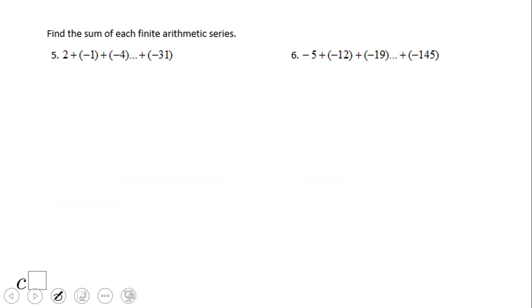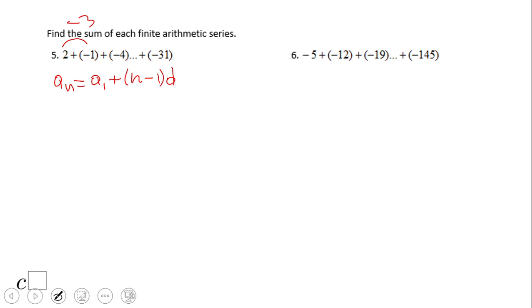But let's take a look at two more examples. Again, the same story. We're going to need to find how many terms we have in this sequence. We notice here from 2 to -1, we have to subtract 3, and it's the same story for the other terms.